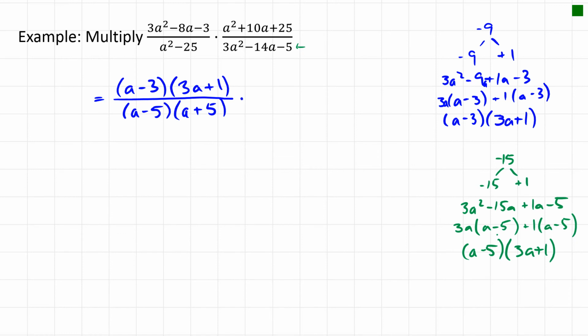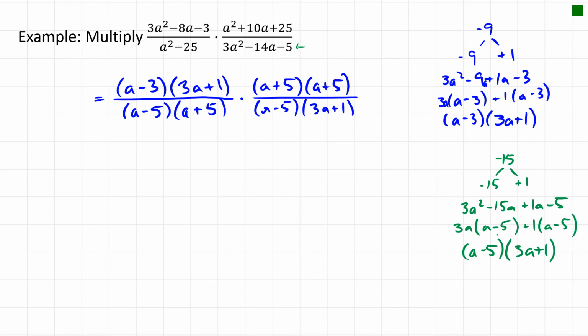Same with the top one on this other side, because there's no coefficient in front of the squared term, I can just go ahead and factor this. This is going to be a plus 5 times a plus 5. And in the denominator, I did that one down there in green, a minus 5 times 3a plus 1.